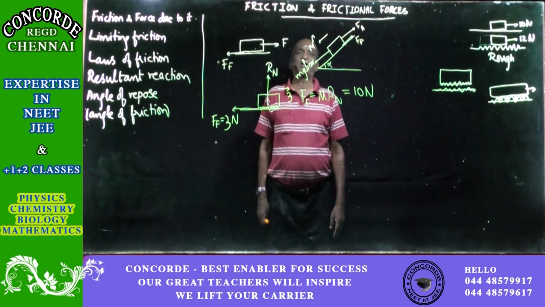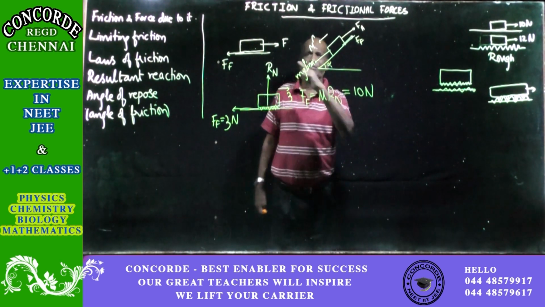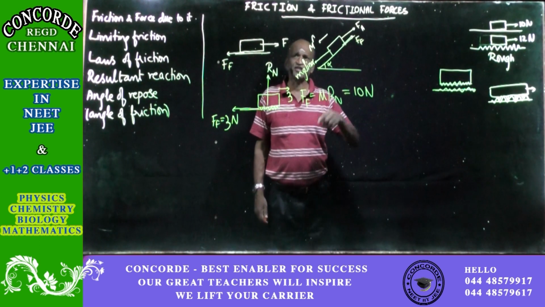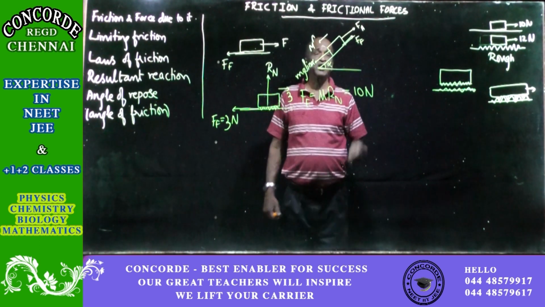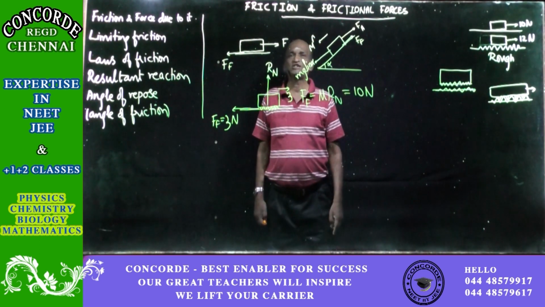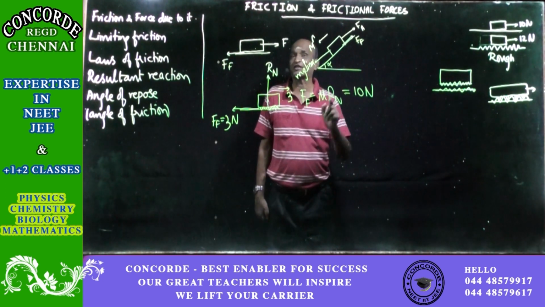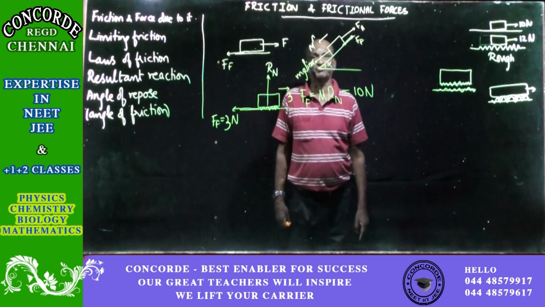So from 0 up to the maximum value, this is not the frictional force, it is the maximum value of the frictional force. After this, further if you increase the applied force, friction force will still remain at 10 only. So this is information which is not given in most of the books, but without this knowledge you cannot solve any of the problems.